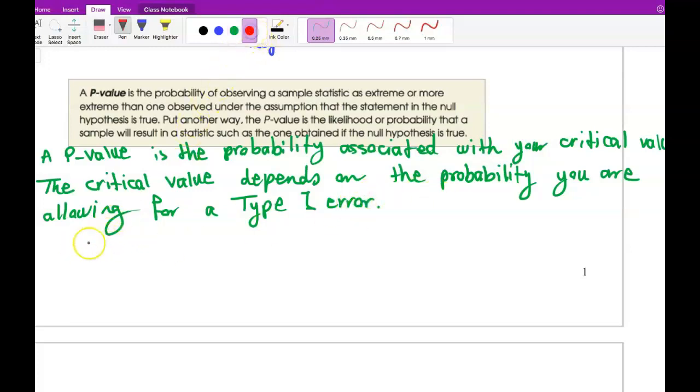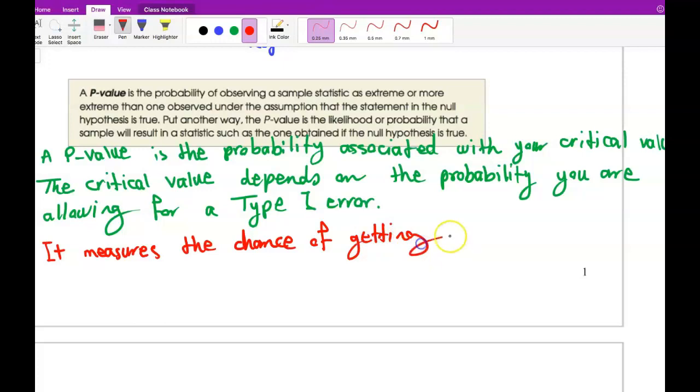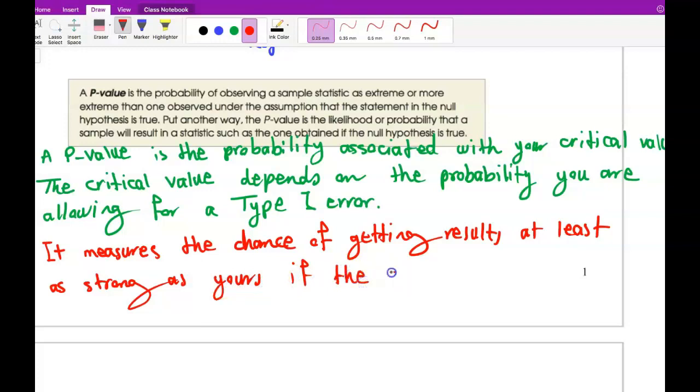Okay, so it measures the chance of getting results at least as strong as yours if the claim, or it's better to say this, the null hypothesis were true.